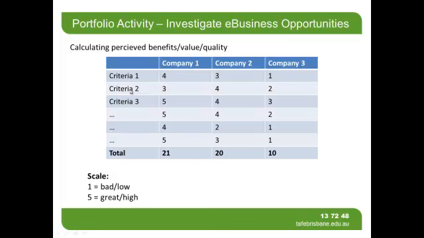Criteria 2, for example, might be the number of stopovers. So if you're comparing a route from, let's say, Brisbane to Singapore, a company that stops over a lot to get there, you might rank or rate as a 2, whereas a company that hardly stops at all or offers really good routes, you might give the score of 4.